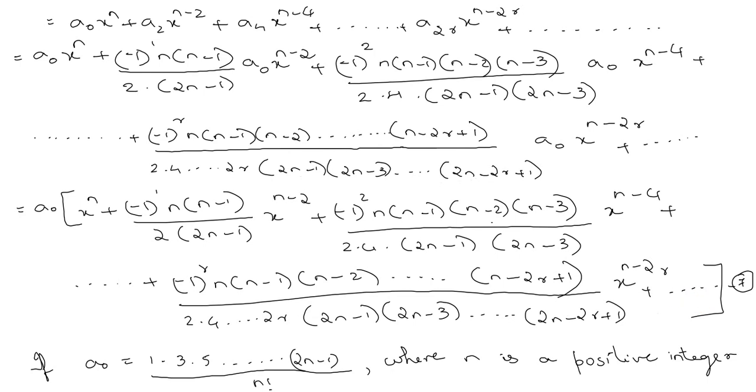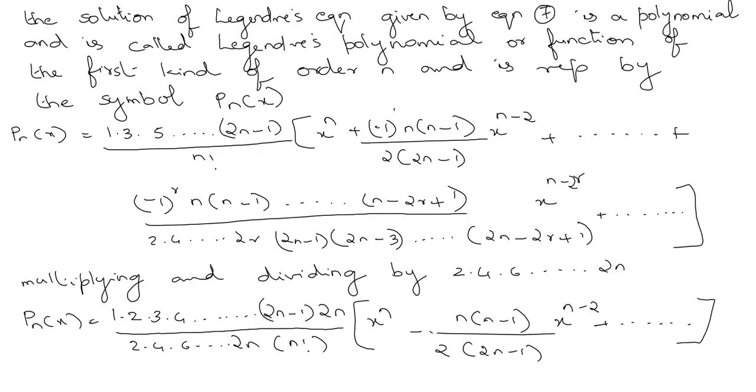Now, if a0 is equal to 1, 3, 5 etc. 2n minus 1 by n factorial, where n is a positive integer, the solution of Legendre's equation given by equation 7 is a polynomial and is called Legendre's polynomial or function of the first kind of order n and is represented by Pn(x).